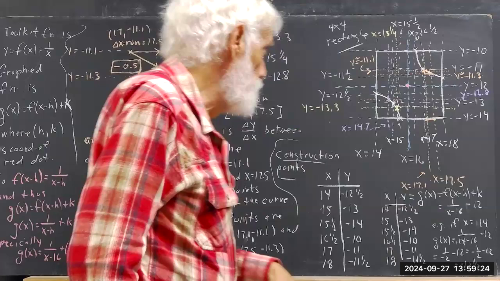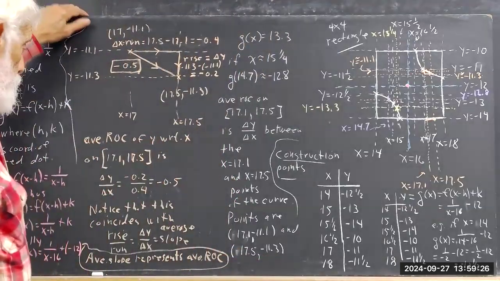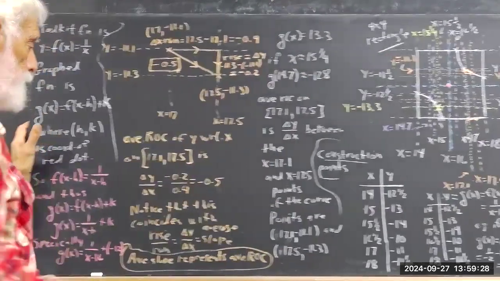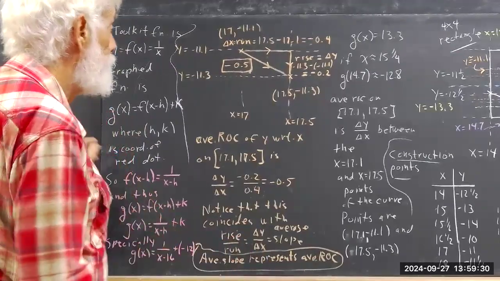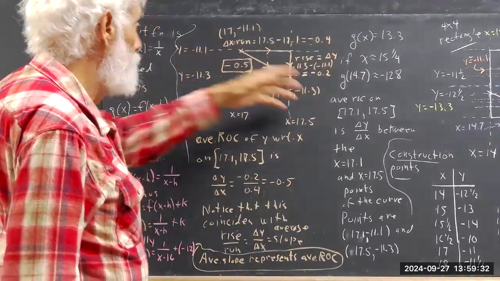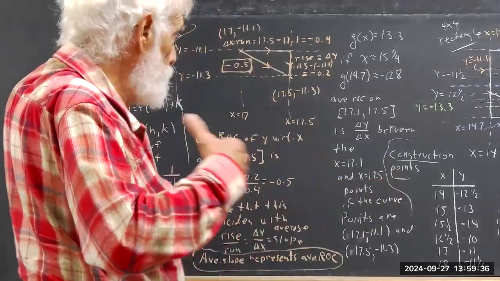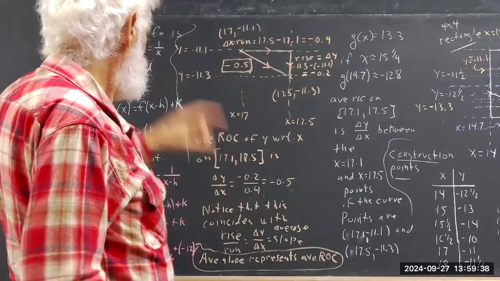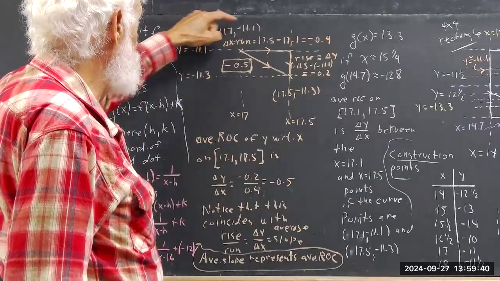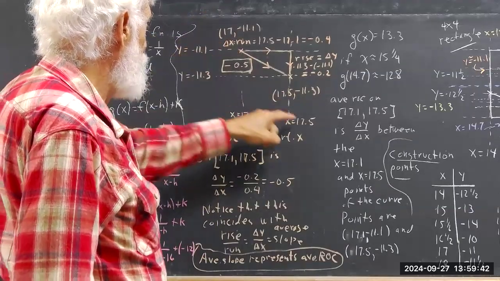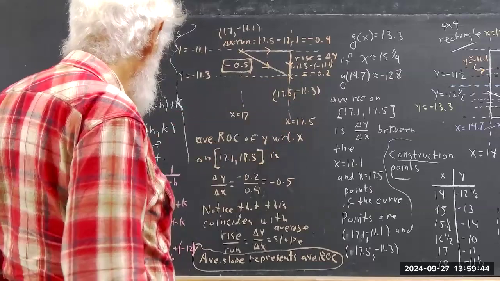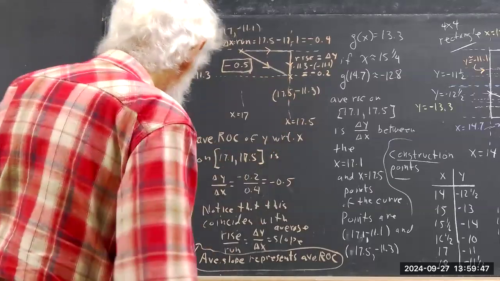Now that triangle is awfully small. So what we do is we take the x and y values from the triangle and we label just a separate triangle out here. We don't have to have a rectangle around it. We don't have to have coordinate axes. We know that this point is 17.1, -11.1, and this point is 17.5, -11.3.